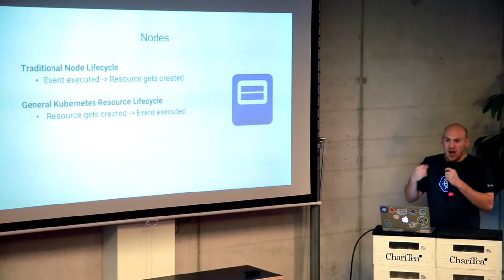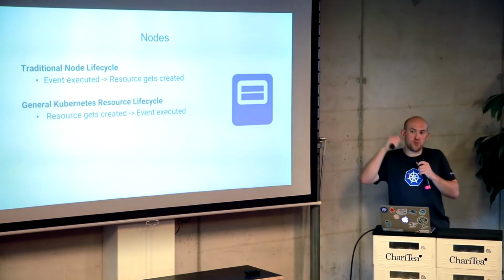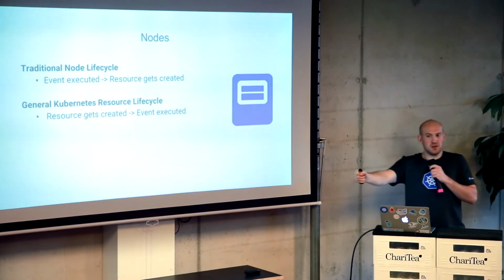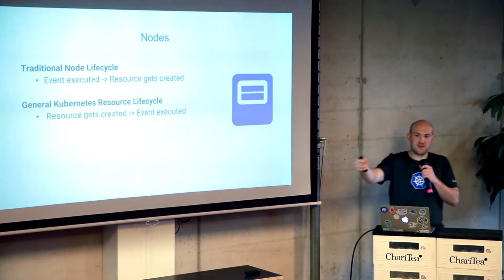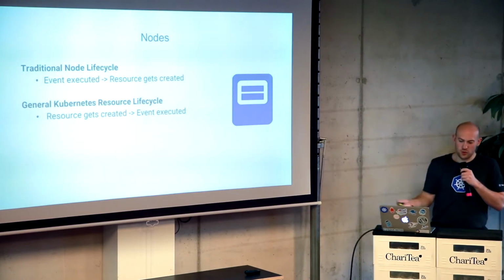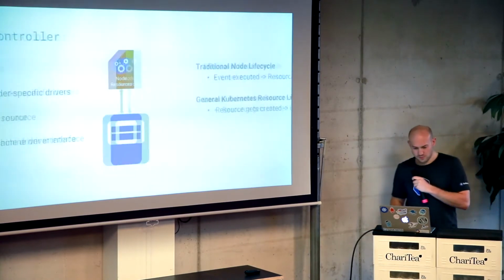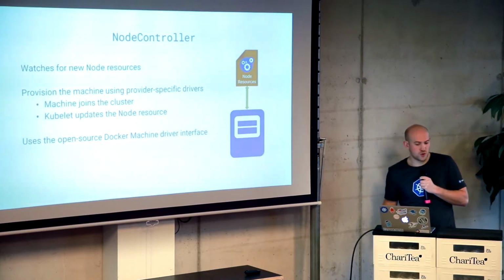Everywhere else, it's, I create a pod, and then the scheduler puts that pod somewhere. And then the kubelet picks up that pod and tells Docker to start it. It's always the other way around. So we went, okay, how can we do this with nodes? And that's where we came up with the node controller.